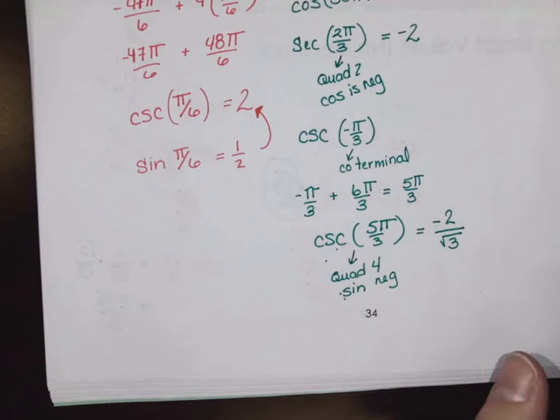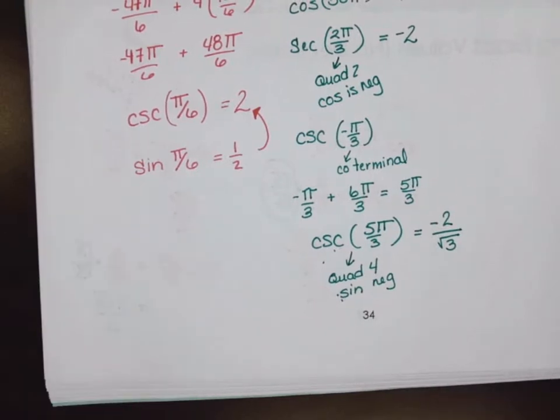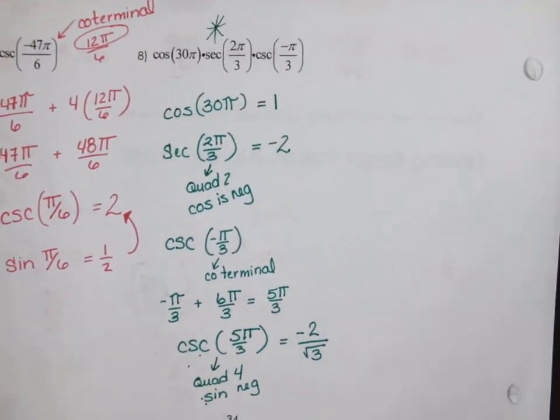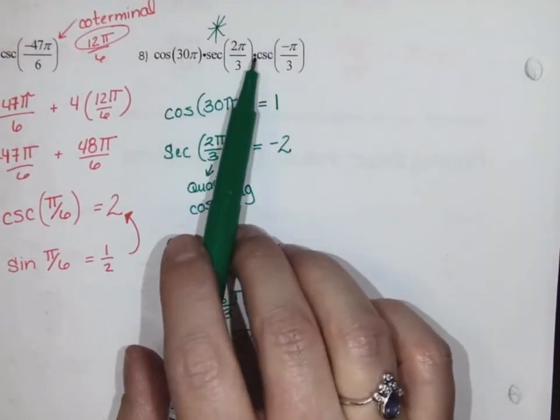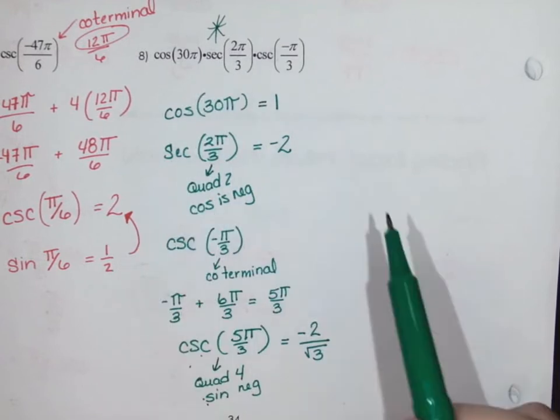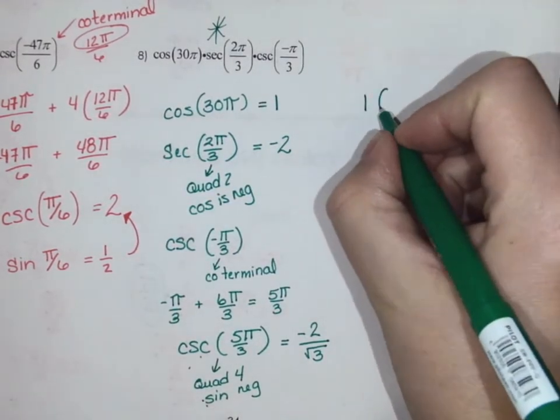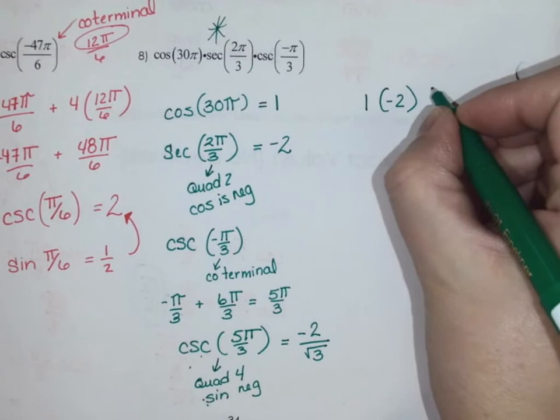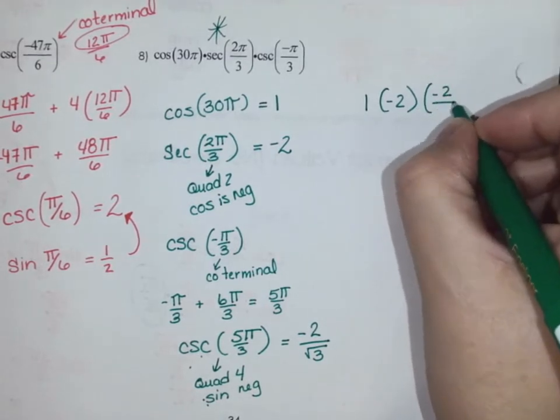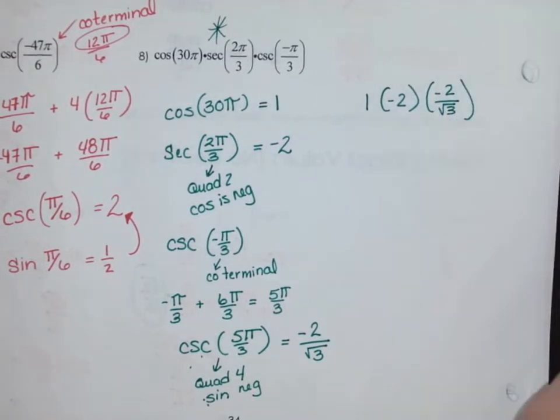Our pop quiz is coming in handy. Now I need to answer the actual question. What's happening in between each one of these? I'm multiplying, so I have 1 times negative 2 times negative 2 over root 3.